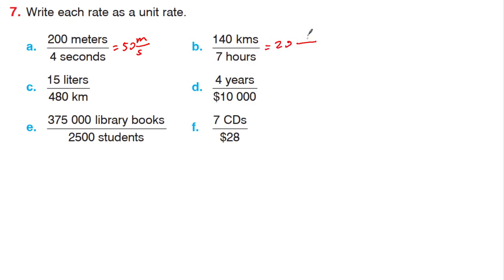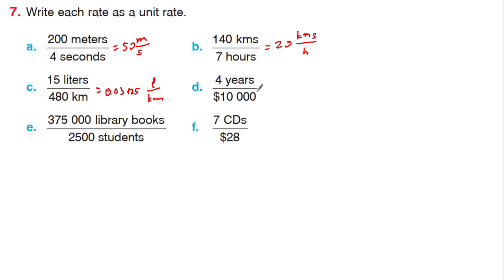That is 20 kilometers per hour. Next, 15 liters to 480 kilometers. If you write it as a unit rate, you divide 15 by 480, you get 0.03125 liters per kilometer.